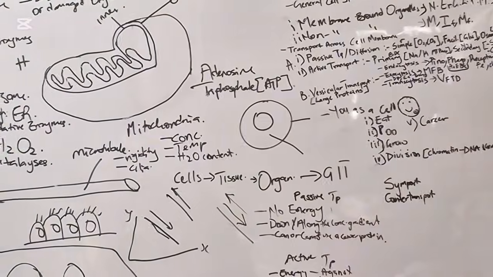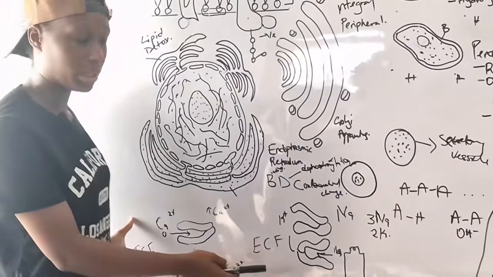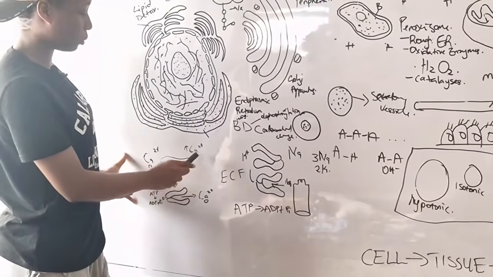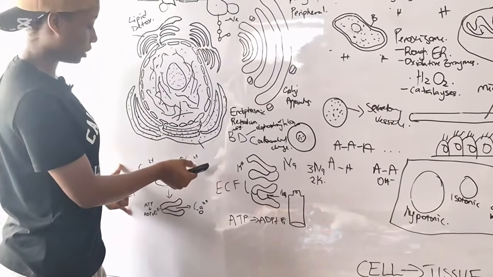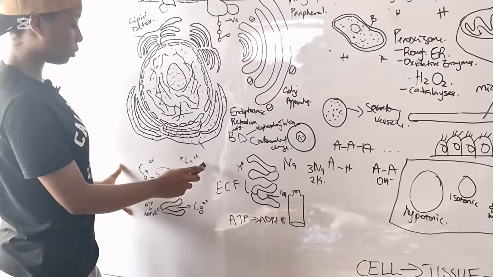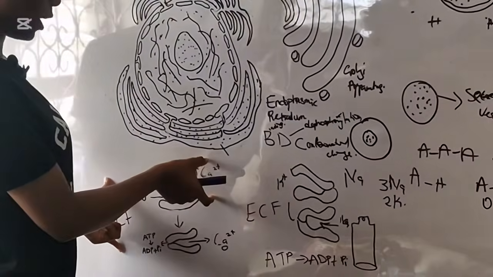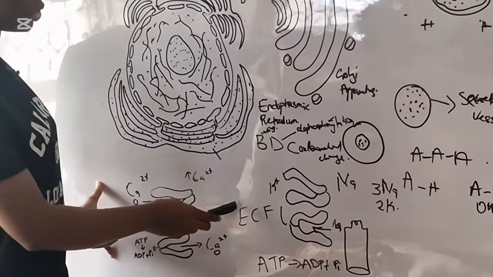This is almost the exact same thing we just explained with the sodium potassium ATPase pump, but we're using calcium. Calcium is higher here, outside the cell. Now as sodium is going in, calcium is trying to move out. So this is the region of higher concentration. Remember, it's moving from a region of lower concentration to a region of higher concentration.